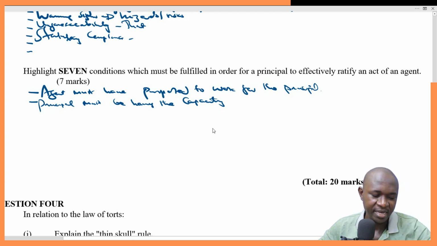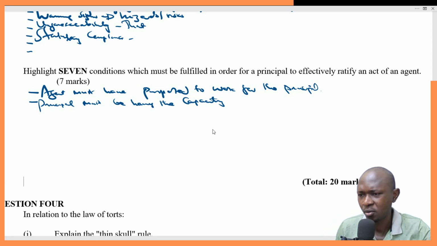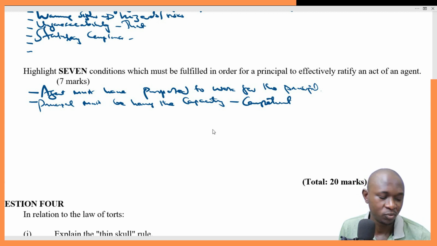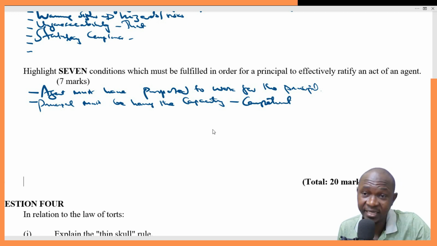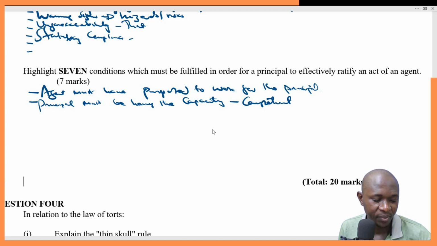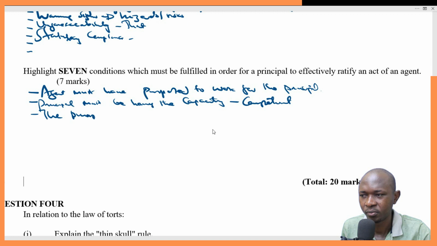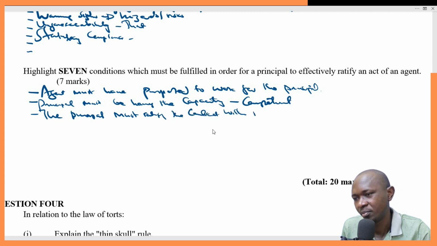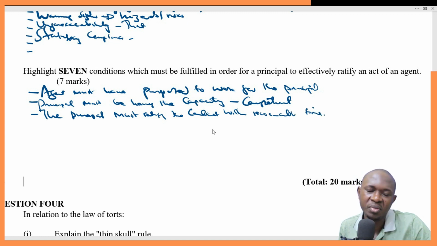And then the agent must have had a competent principal. Competency, that is the capacity. The principal must be competent to enter into a contract at the time the agent entered into the contract. Then the principal must ratify the contract within reasonable time.